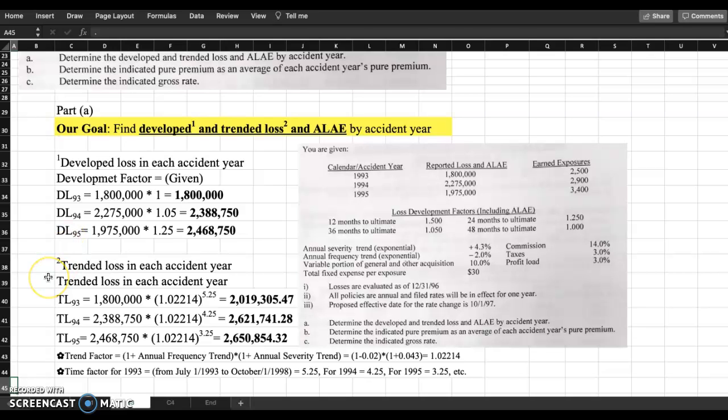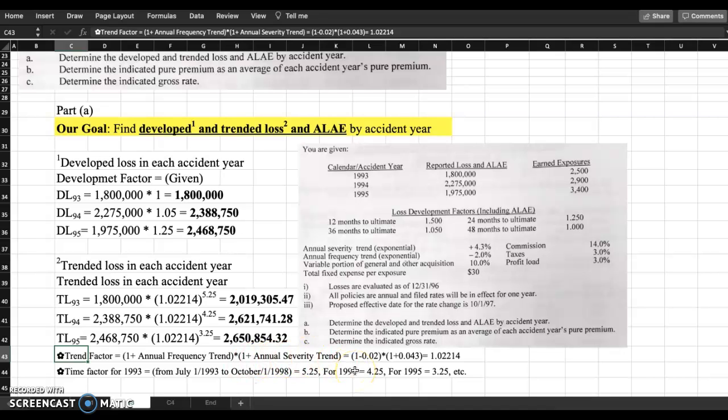The trended loss in each accident year is calculated by the developed loss times the trend factor. Notice that the trend factor is calculated by 1 plus the annual frequency trend times 1 plus the annual severity trend.